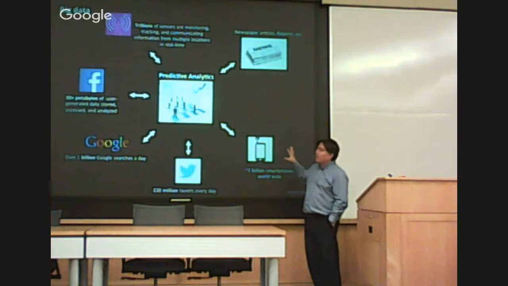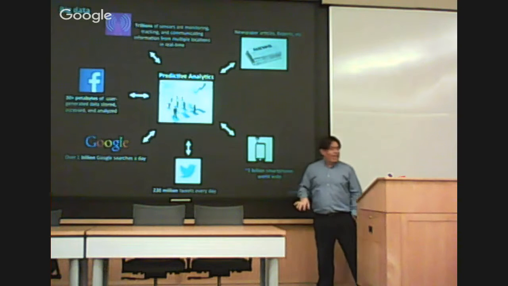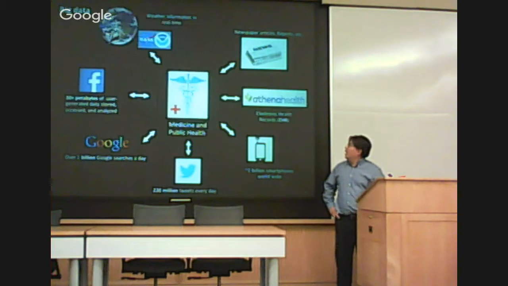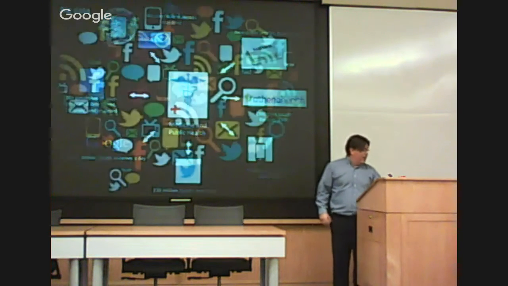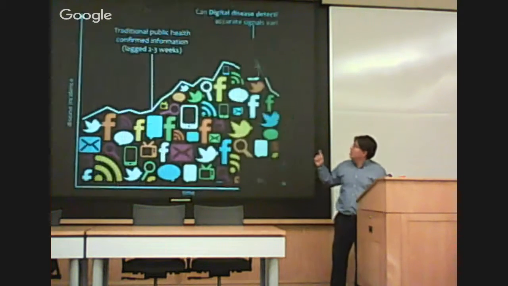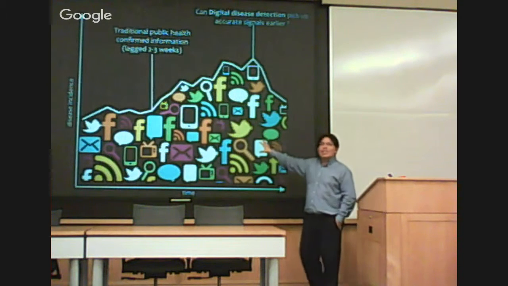So we're in an era of big data, and the goal is for many people to use all these available data for predictive analytics. Specifically, I'll be telling you about some of this work in medicine and public health. This slide was shown to you by Jared, and I changed this slide.